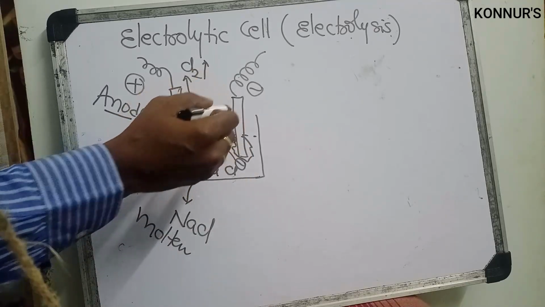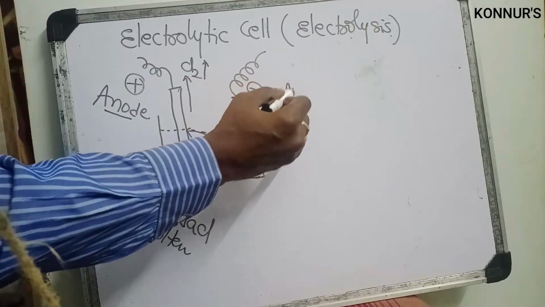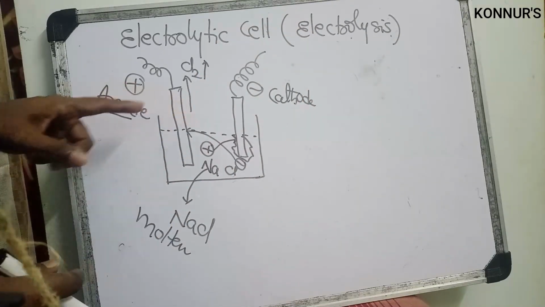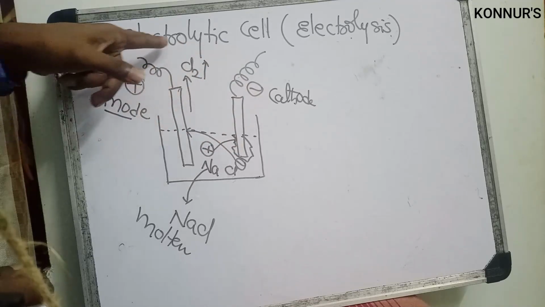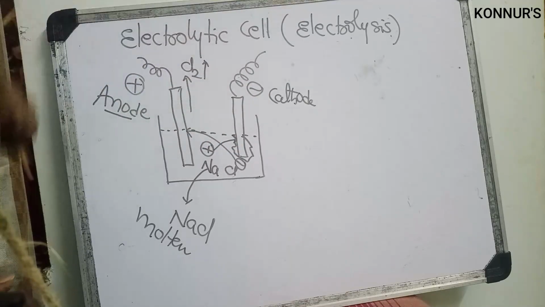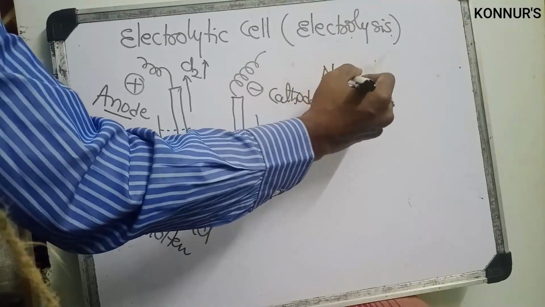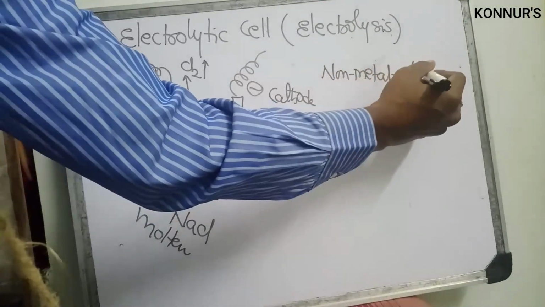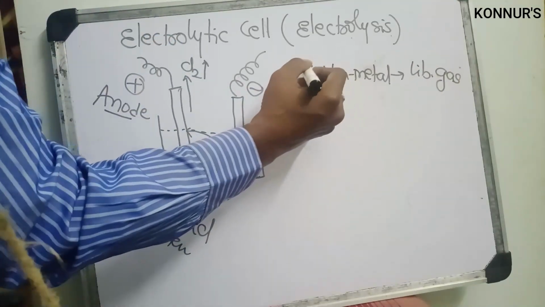Here the cation is attracted by the negative charge, so you call it the cathode. The important point for the entrance exam: in the electrolytic cell, otherwise electrolysis, the anode has a positive charge and the cathode has a negative charge. Here the non-metal comes outside, liberated as a gas.